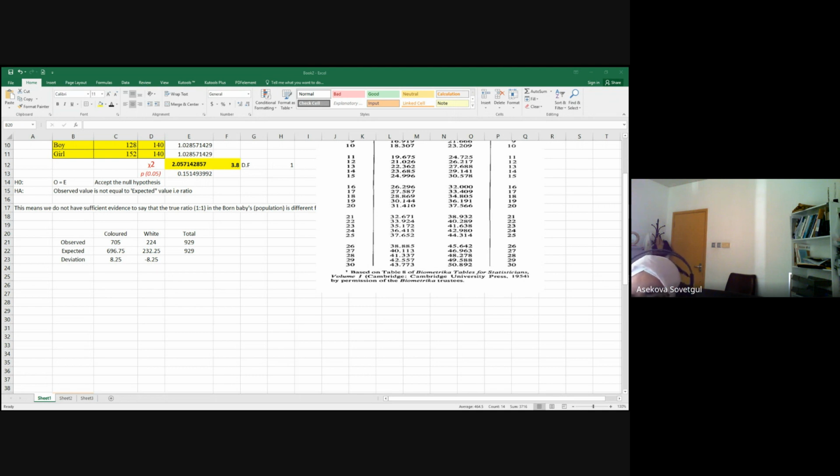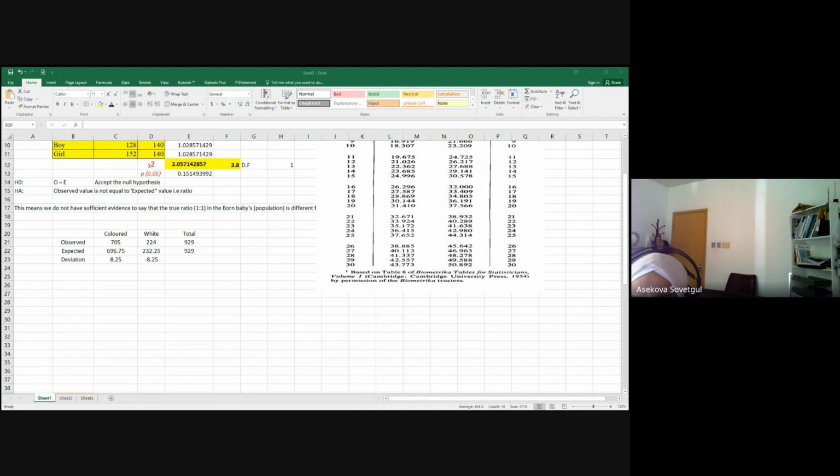The ratio is 3-to-1. The researcher, very famous in plant genetics, Mendel, collected the frequency: 696 purple color, 232 white color.